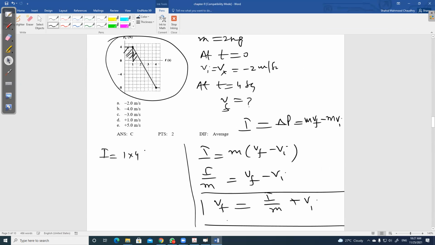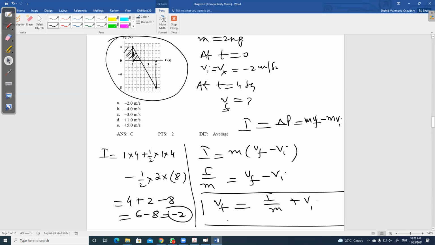Then this is a triangle: 1 over 2 into base 2 into 4, which is 4. Minus, because this is below the axis: minus 1 over 2 into 4 into 4, that is minus 8. So this is 4 plus 2 minus 8, 6 minus 8 is equal to minus 2.